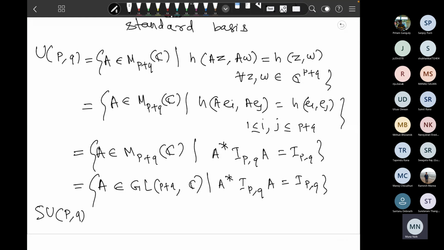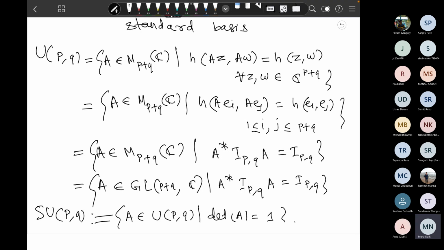Now SU(P, Q) is defined as the set of A belonging to U(P, Q) such that the determinant of A is 1. Clearly from the definition, U(P, Q) and SU(P, Q) are pseudo-unitary.